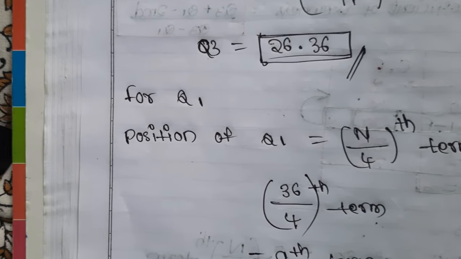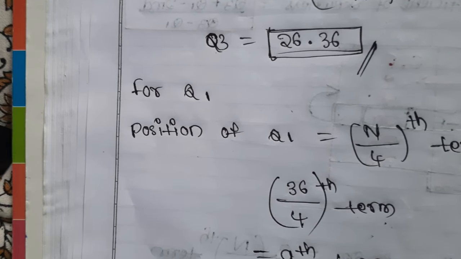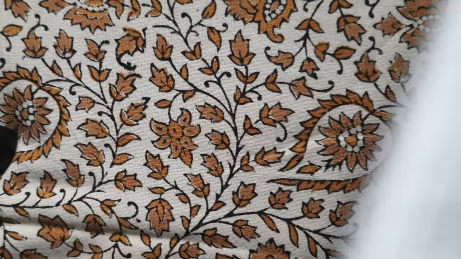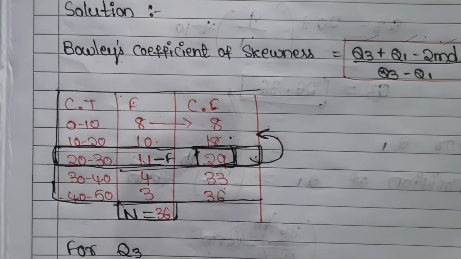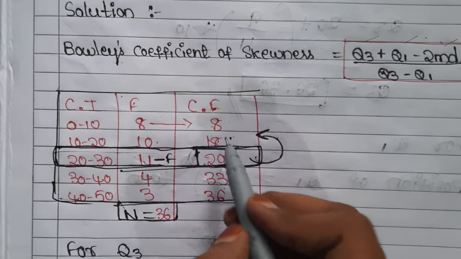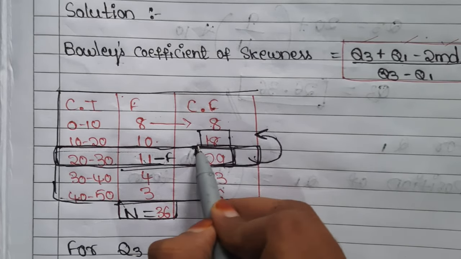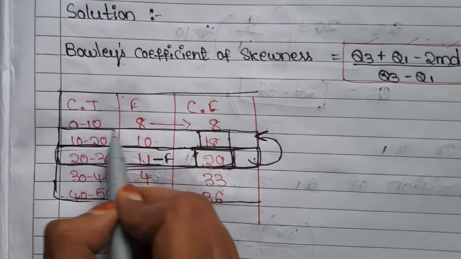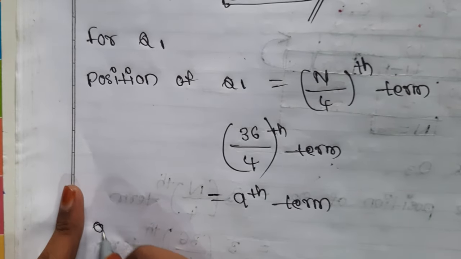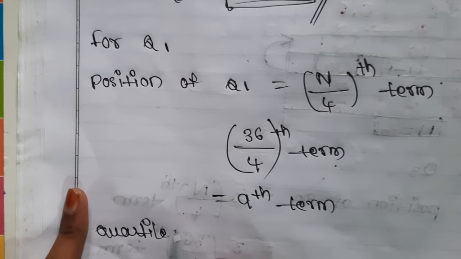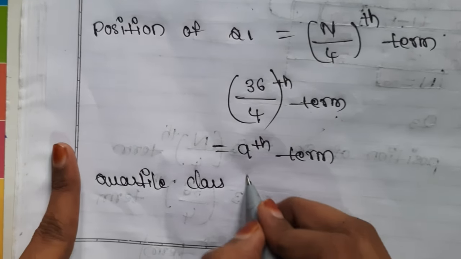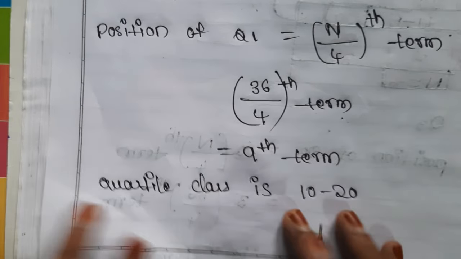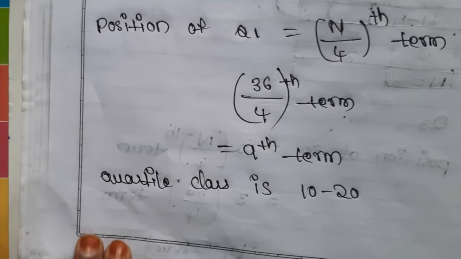Do we have the 9th term in our cumulative frequency? Do we have 9? No. 8 will be less, 29 will be more. That is why we will be taking 18 as our term. So this is our quartile class. In the same way as we did for Q3, the quartile class is 10 to 20.